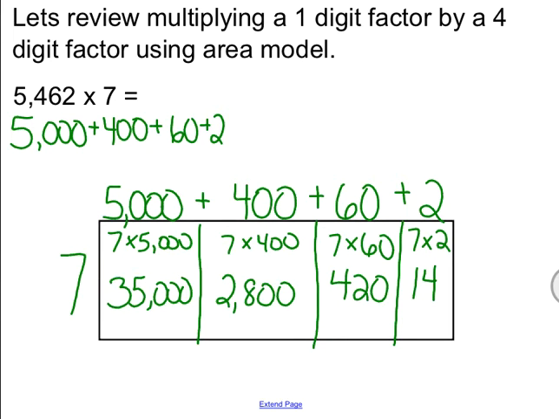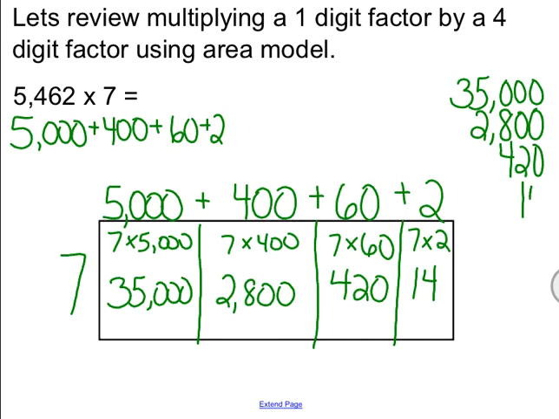So these 35,000, 2,800, 420, and 14 are all considered the partial products. Last step is to add up those partial products. So we're going to have 35,000, 2,800. Make sure we're lining up the place values. 420 and 14.